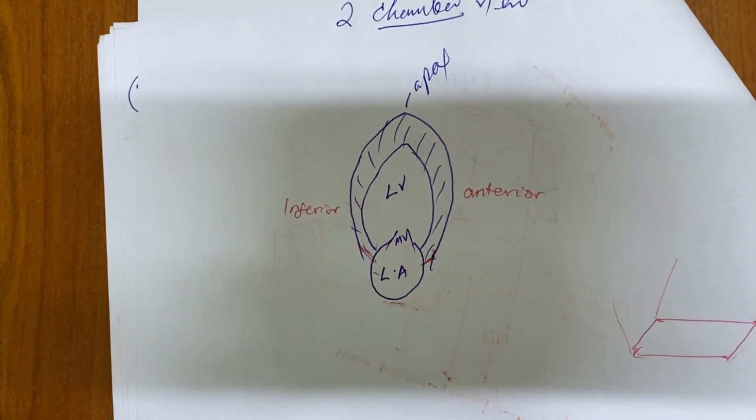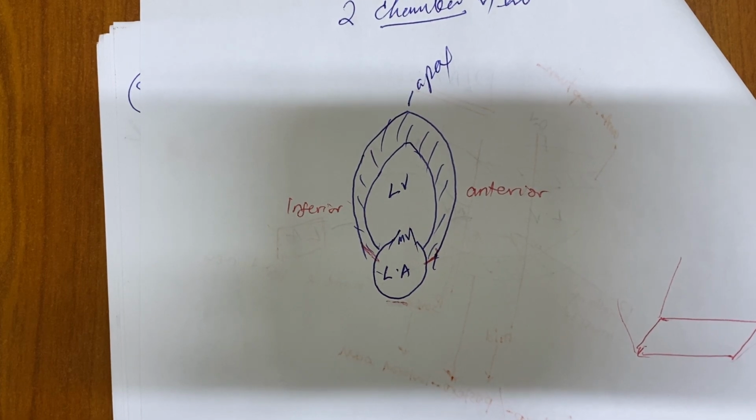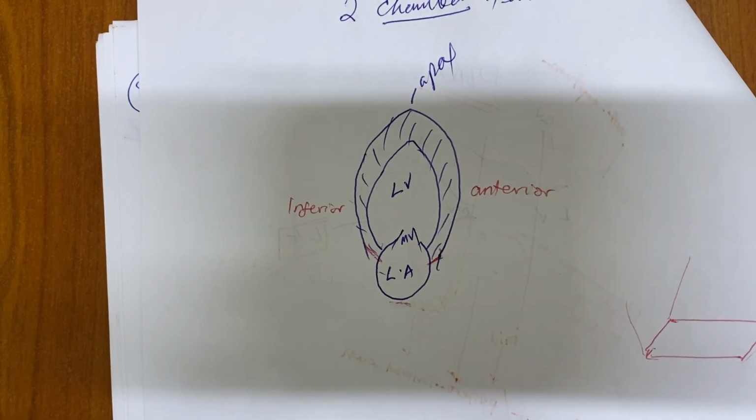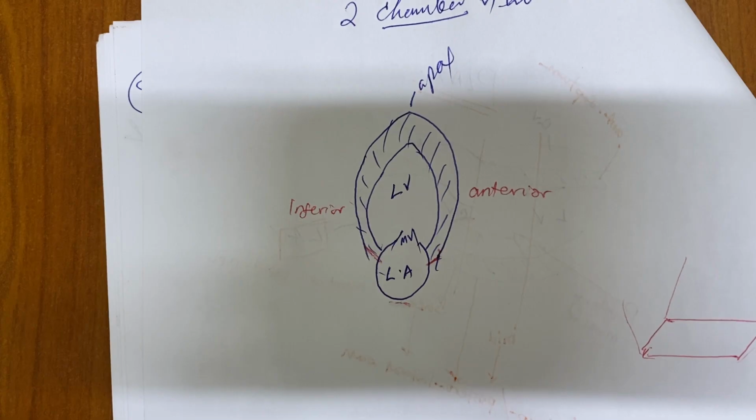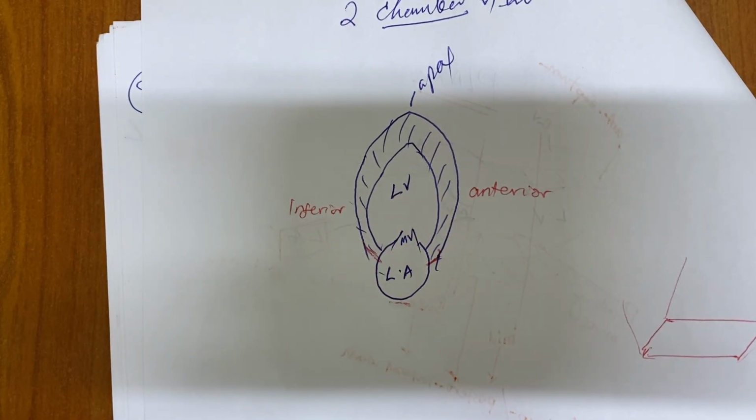If you put the probe marker slightly tilted, the beam will cut through the left ventricle only. It is placed on the anterior wall, so the anterior wall will appear, and the beam will continue downward into the heart. The second one, to the posterior wall it goes.